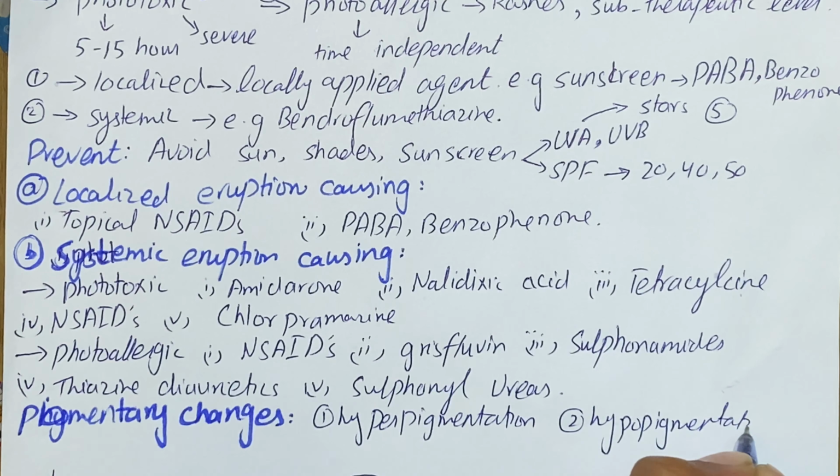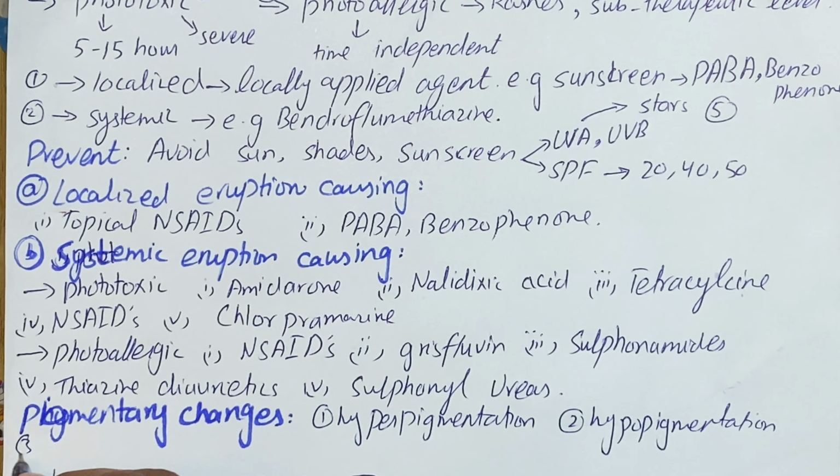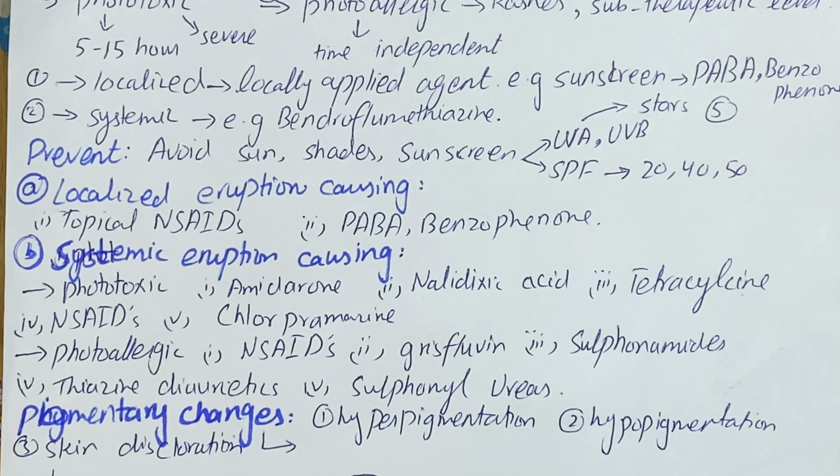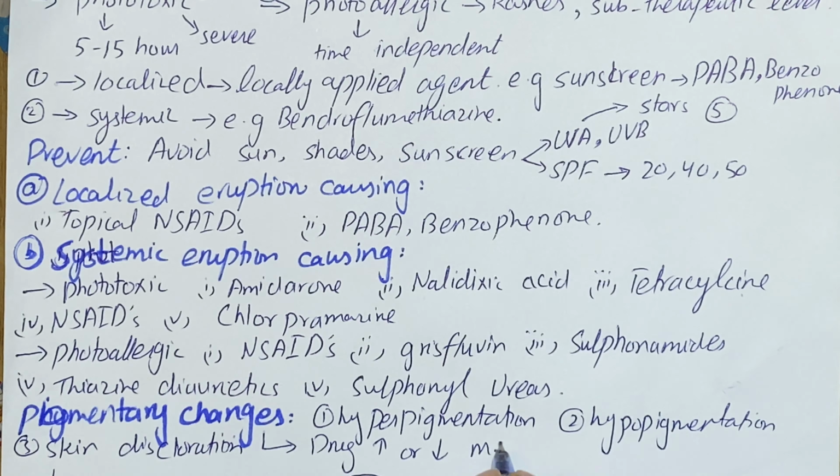Because when you are taking a drug, it can either increase or decrease the melanin production, which is skin pigment which give color to the skin. So if that pigment is being decreased or increased, so you can have hyperpigmentation or hypopigmentation.